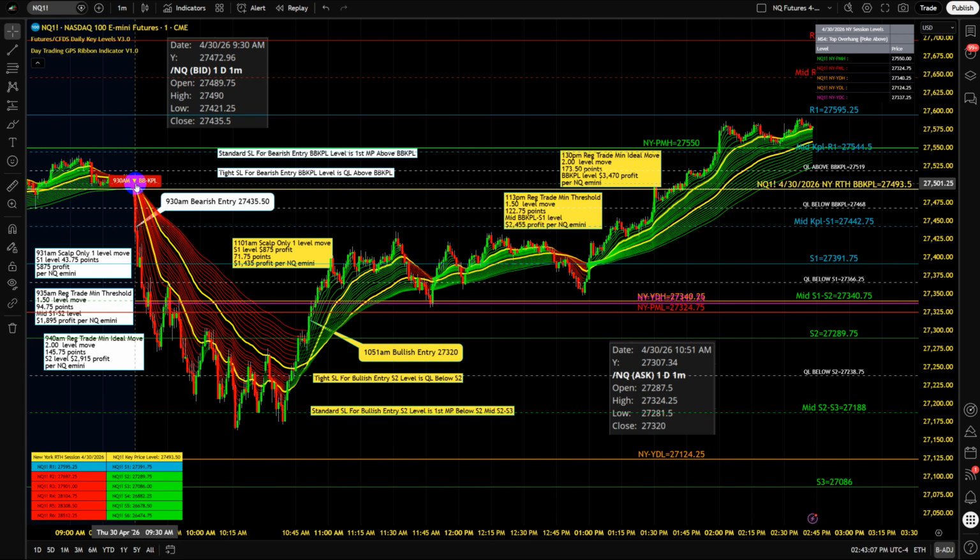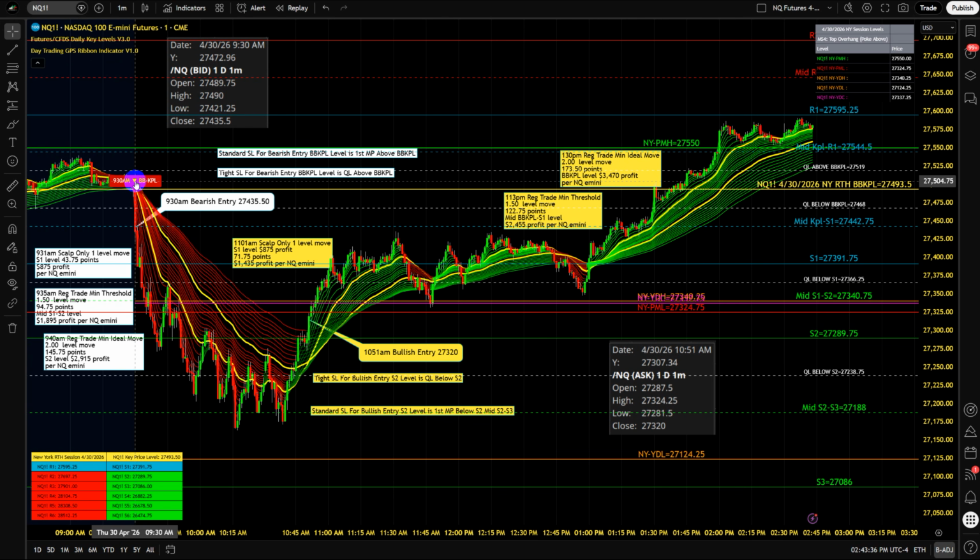But here in today's session, we do have the close below, we have the alert firing. We're not just going to go simply on the close below, we also need to get confirmation from the ribbon indicator. What you're looking for with the ribbon indicator is you are looking for the ribbon indicator to be in confluence with either the close below bearish trade, meaning the ribbon is all red.